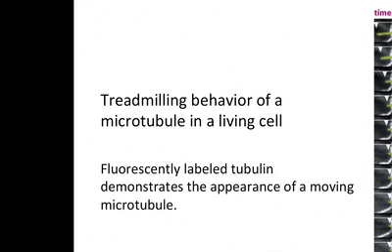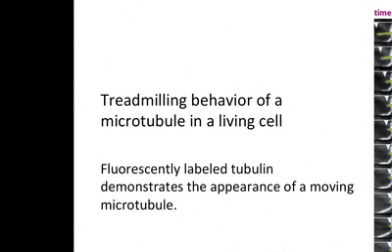So this shows the treadmilling behavior of a microtubule in a cell. They fluorescently labeled tubulin and followed it over time. Here's time 0, and here's 98 seconds, and this is time-lapse photography. Here's your green microtubule at time 0.